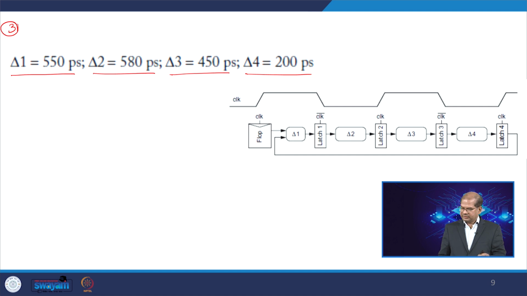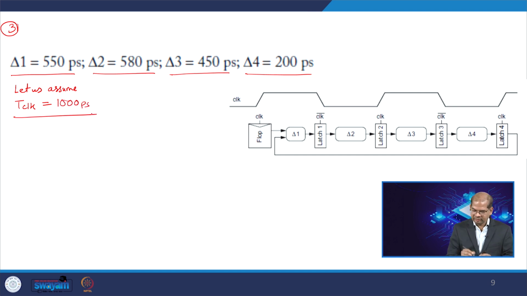Let us assume your T clock is 1000 picosecond, and we also assume that T non overlap is 0 and T D to Q maximum is also 0.